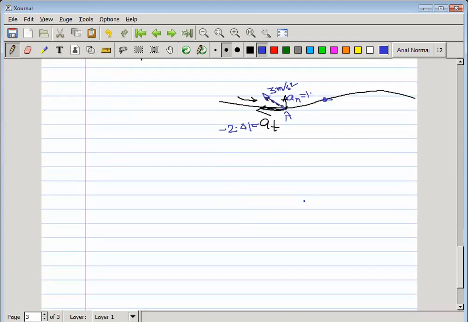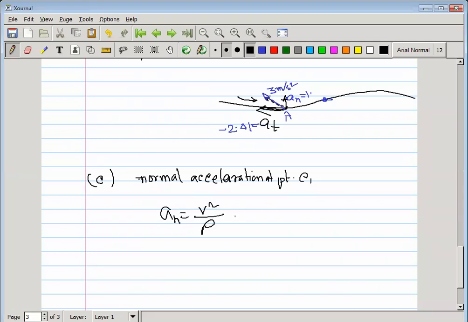See now case C. In case C, they ask for the total acceleration at point C. First, I have to find the normal acceleration at point C. So the normal component is an equals v square by rho, and rho is given in the question as 150 meter.